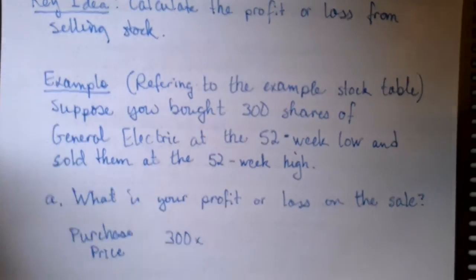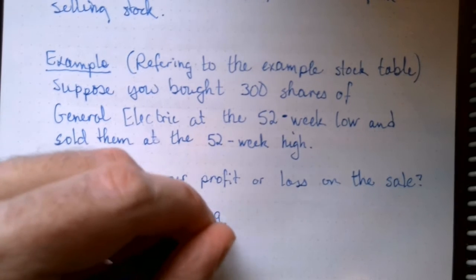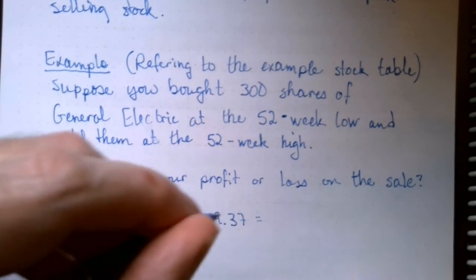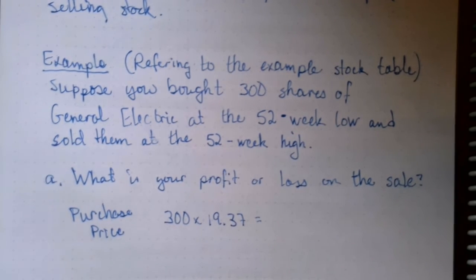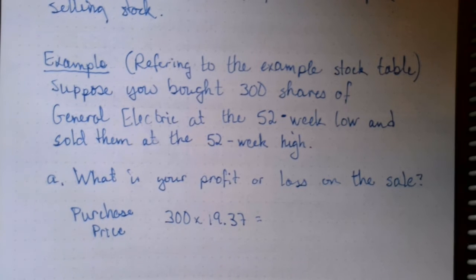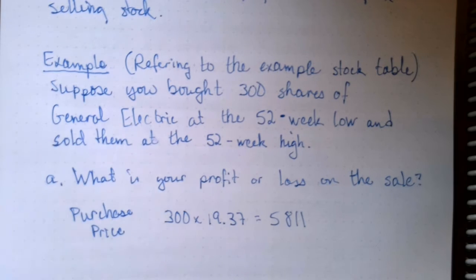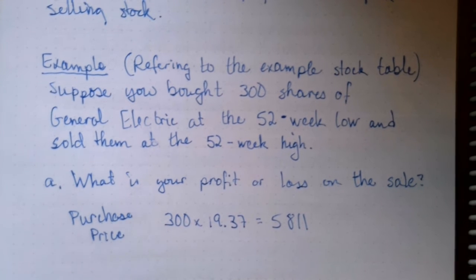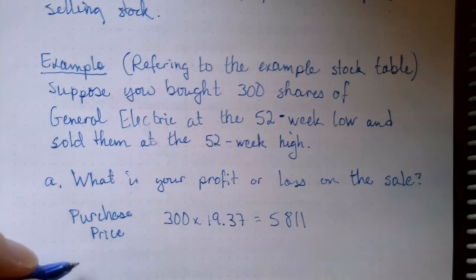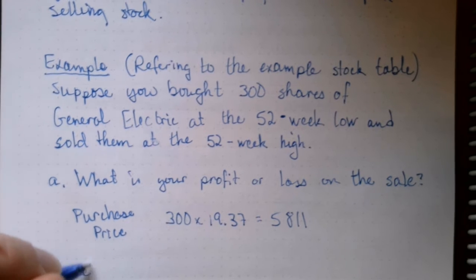So we have 300 times $19.37. Do a quick calculation there, and we get $5,811. That's how much it cost you when you bought the stock.